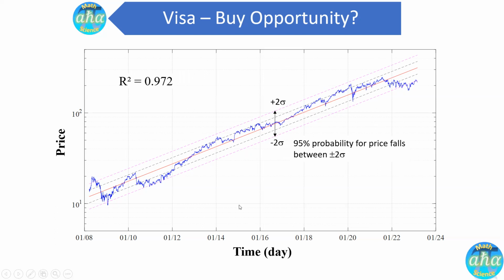And obviously there's a small chance for the price to be outside, which did occur during the 2008 financial crisis, and also in 2011. And then recently, end of 2022, and then in early 2023. So right now it's around the 2 sigma trend line.